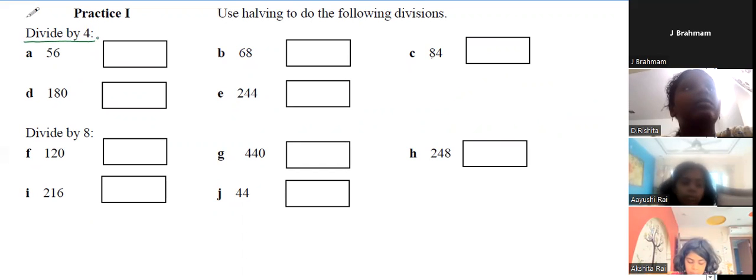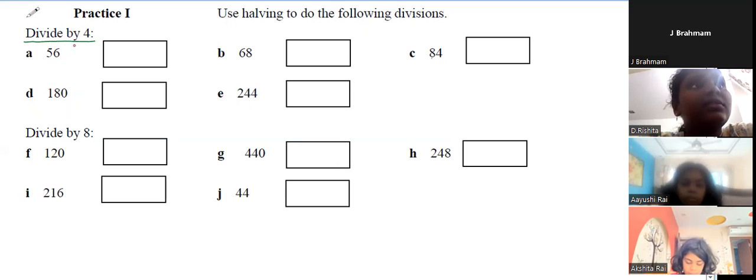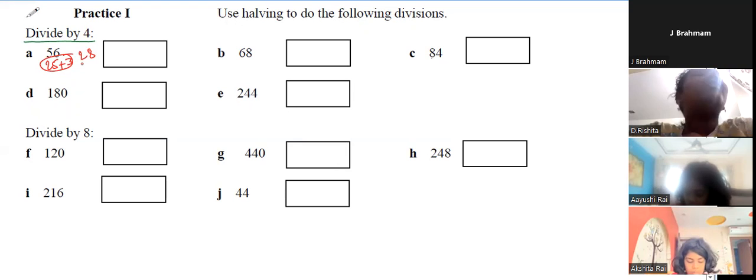You have to use the concept of halving. 50's half is 25, 6's half is 3, so this number is 28. One time halving is over. Again halving: 20's half is 10, 8's half is 4. So 14 is the answer.